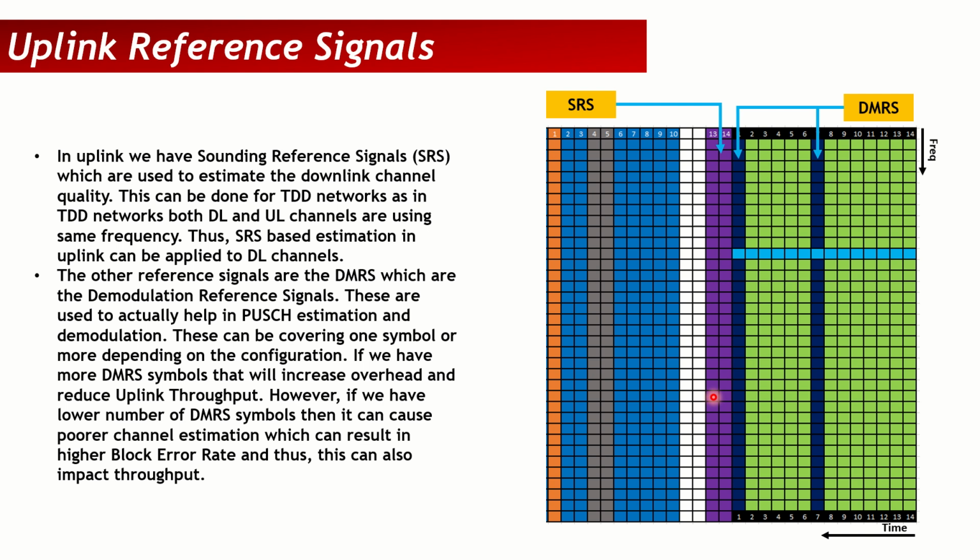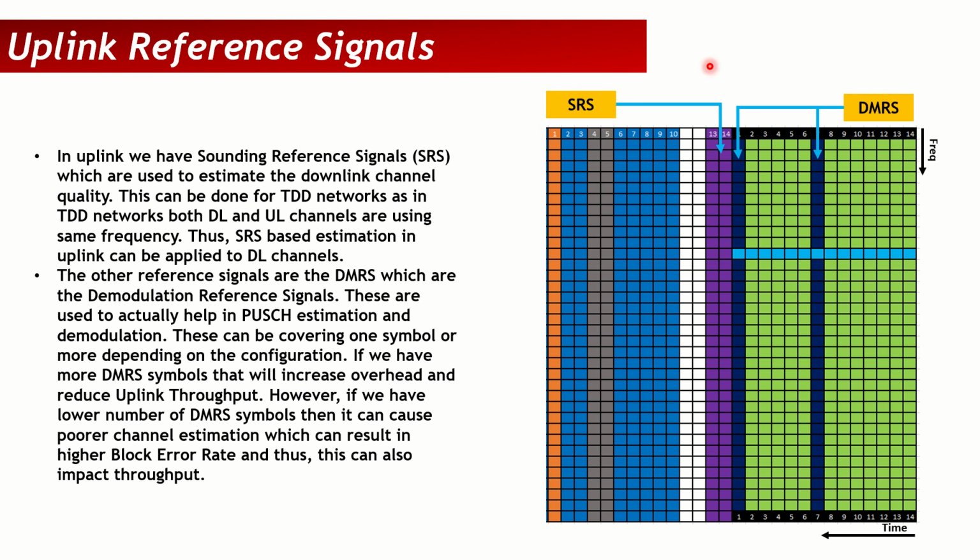The gNodeB can use the SRS to calculate the most optimal precoding matrix and apply it in downlink to get the most optimum beam and precoding gain. So SRS can be used to enhance downlink beamforming gains as well.